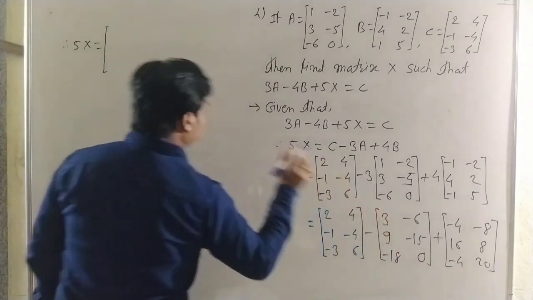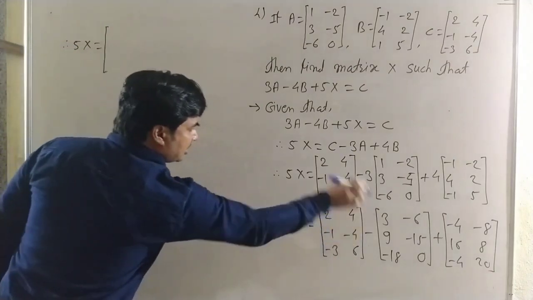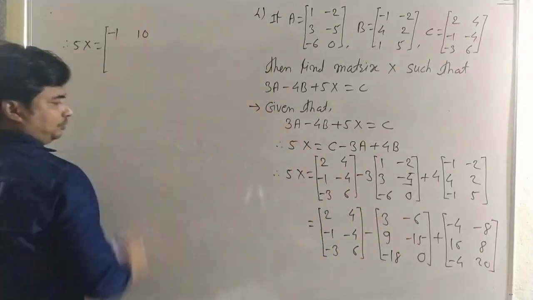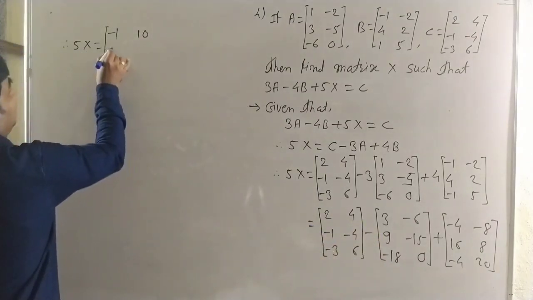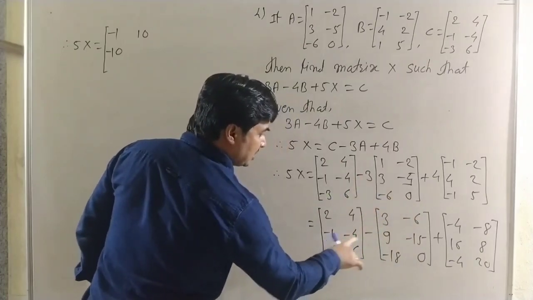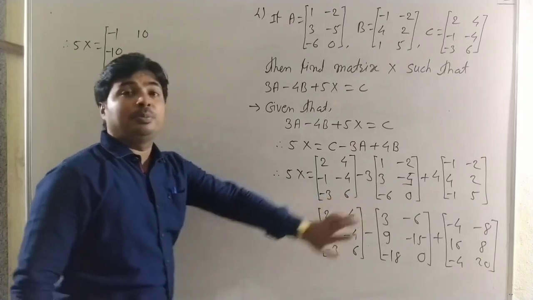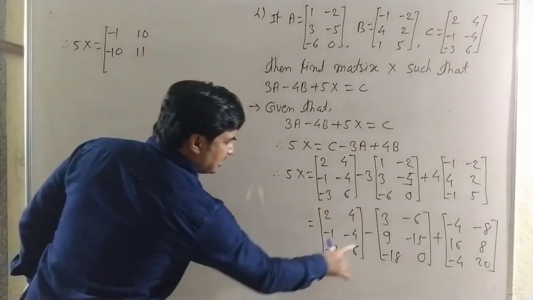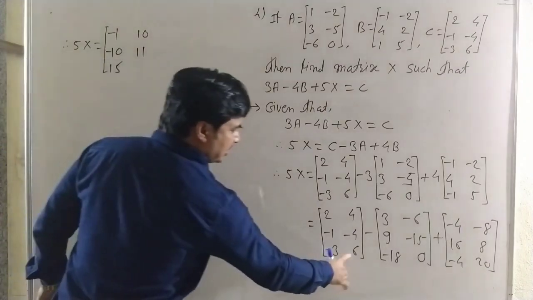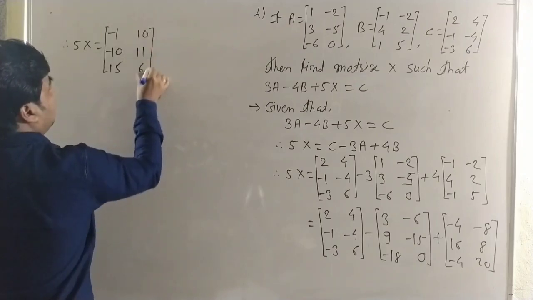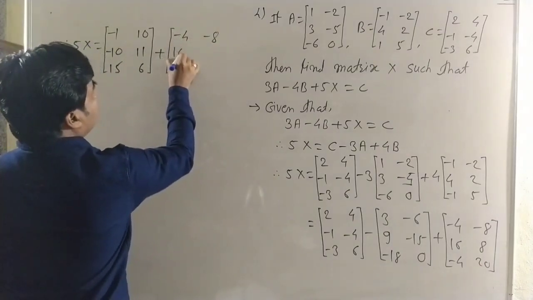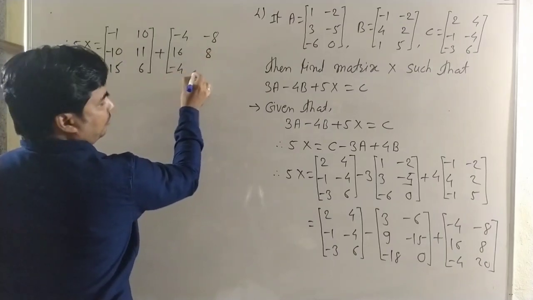See carefully, check all the calculation, 2 minus 3 is minus 1, then 4 minus 6, that is 4 plus 6, it is 10, minus 1 minus 9, minus 10, then here minus 4 minus 15, that is minus 4 plus 15, it is 11, then minus 3 minus 18, that is minus 3 plus 18, it is 15, 6 minus 0, it is 6, plus the remaining matrix, minus 4, minus 8, 16, 8, minus 4, 20.